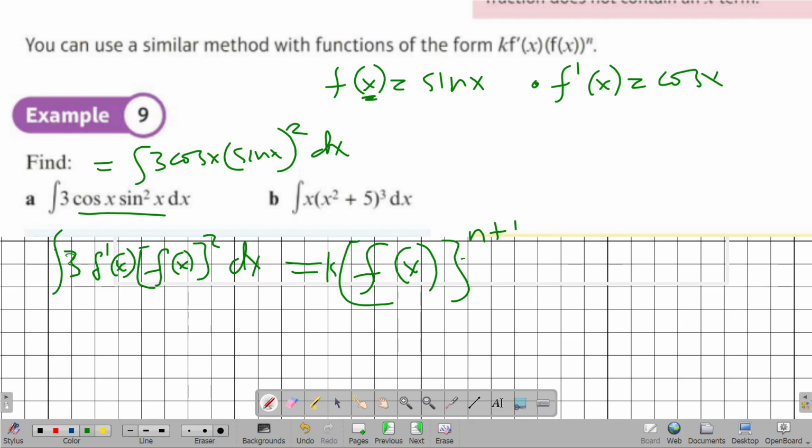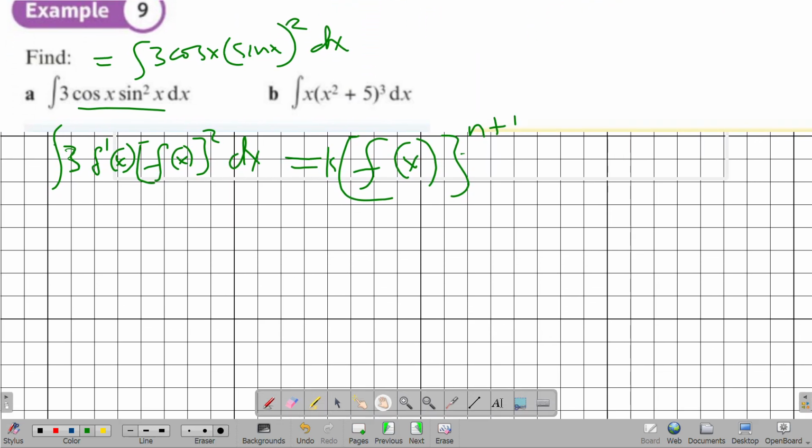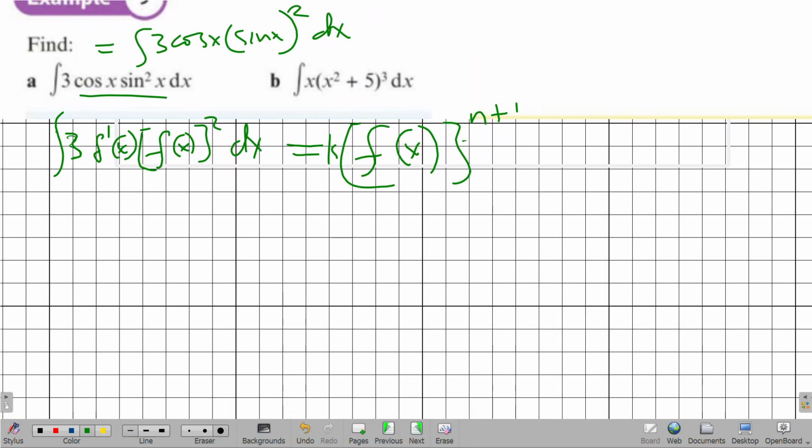Let us justify it. So what am I saying here? Because this is the form, I would say my original function y should be equal to what? Sine of x, because with n plus 1 and n being 2, it will be sine of x to the power of 3. That's my function, and check what will happen if you differentiate this.